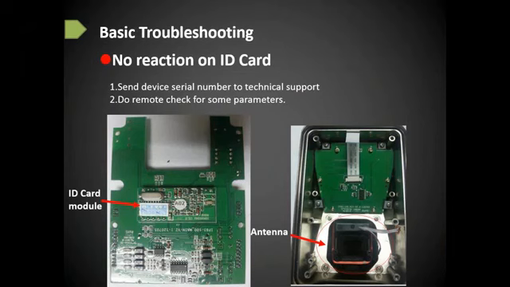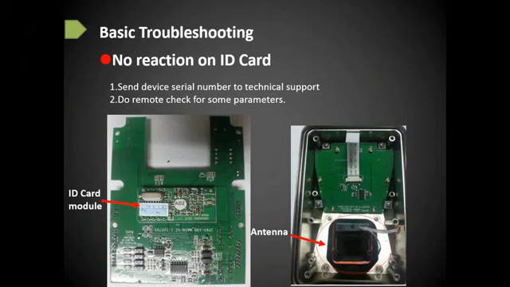Okay. Number 1, no reaction on the ID card. Some employees swipe their card or punch their card on the sensors, on the card model, close to them, but there is no reaction.